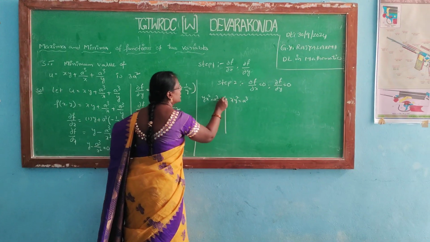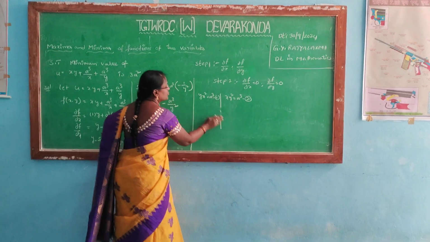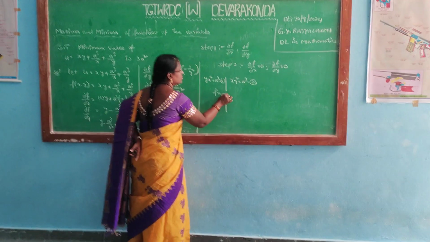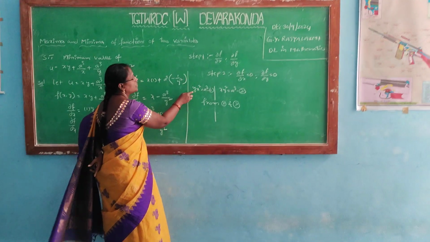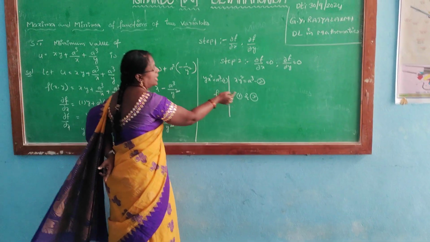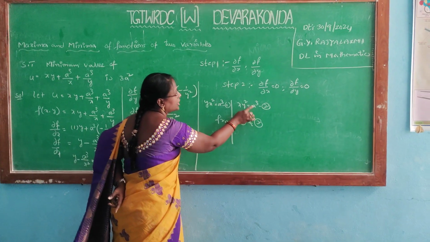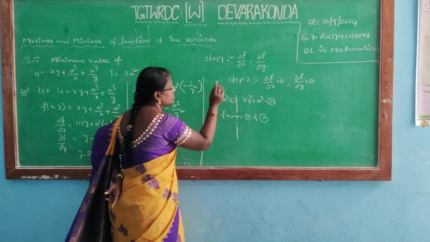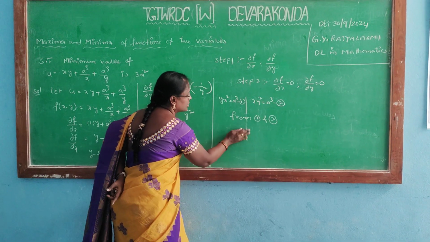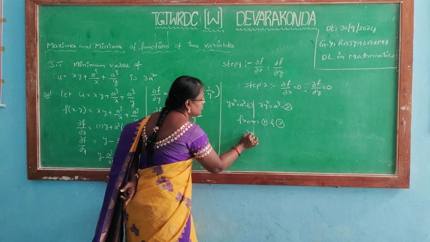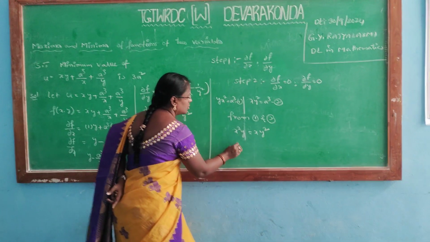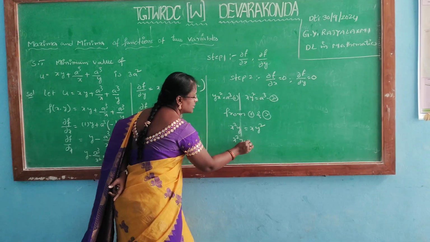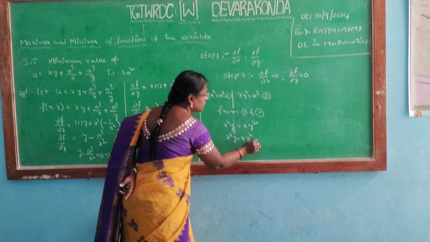Take this as 1 and this as 2. So from 1 and 2, a cube equals y x square, and in the second equation also a cube equals x y square. So I am taking these two equal. So x square y equal to x y square. So x square y minus x y square equal to 0.